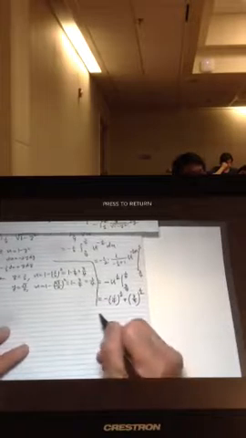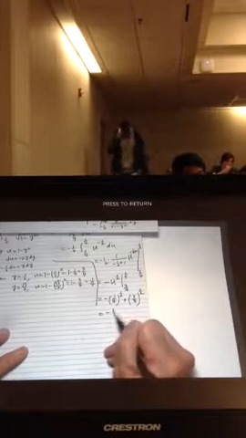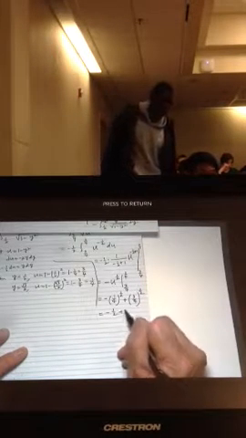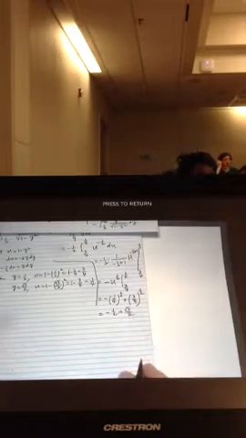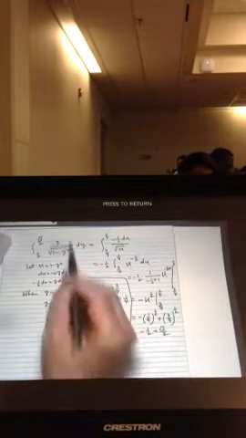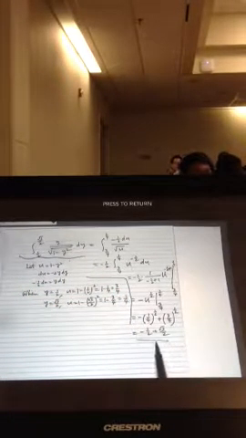Okay? So this becomes 1/4 square root of 1/4 is 1/2. Square root of 3/4 is square root of 3/2. Okay? So this portion, this integral is up to here. Alright?